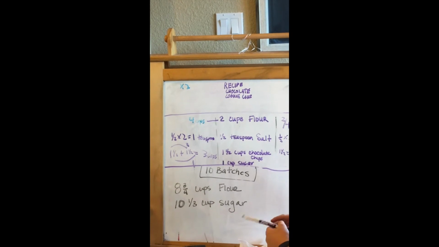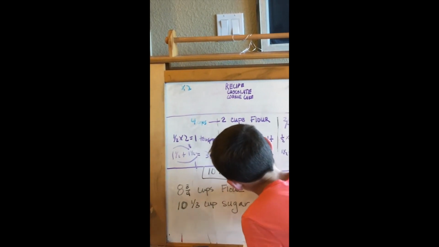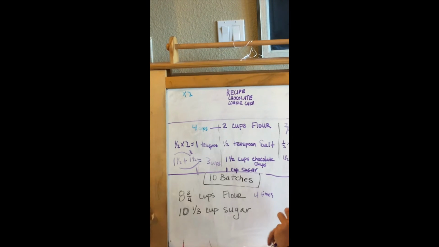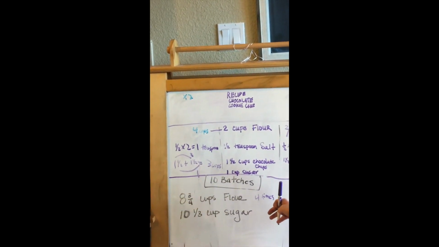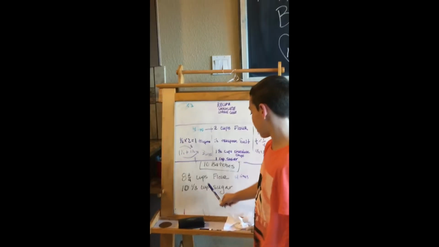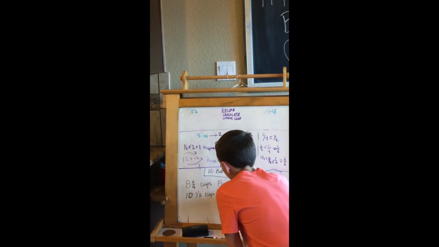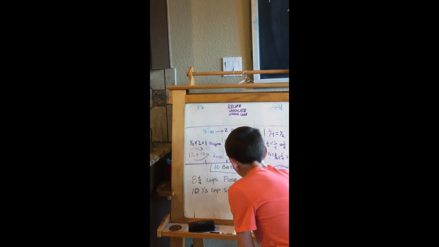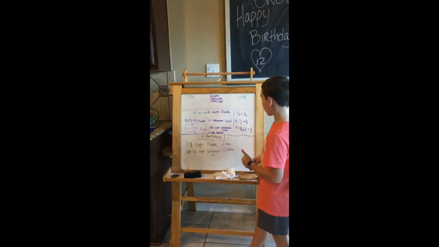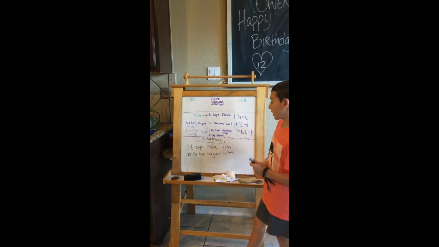So I can easily say that 2 cups of flour can go into 8 four times. And I need 1 cup of sugar per batch, and I have 10 cups of sugar, so 1 can go into 10 ten times. So I can only make 4 batches of my cookie cake because I need the correct ingredients.